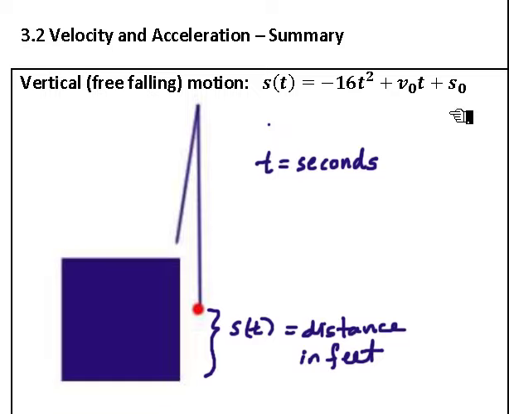So in this picture, s0 is the height of this box, and v0, the velocity, depends on how hard the ball is thrown up in the air.